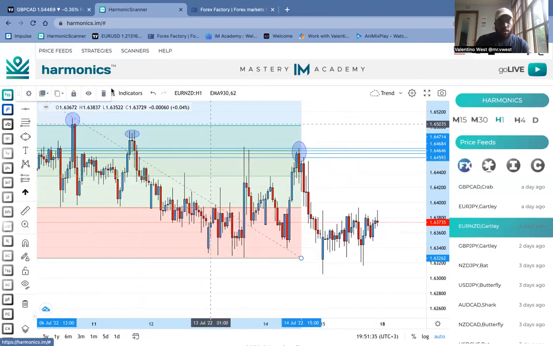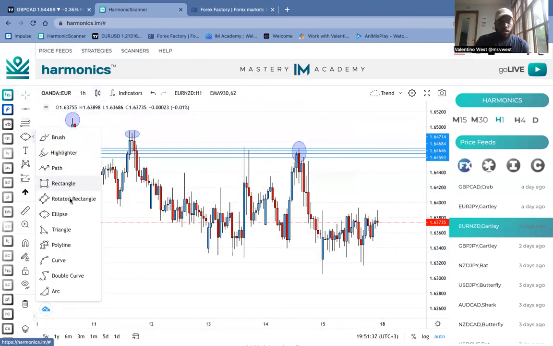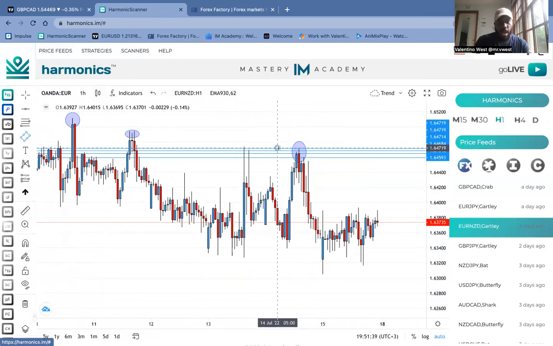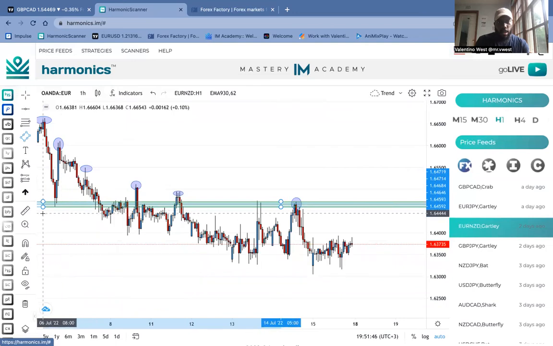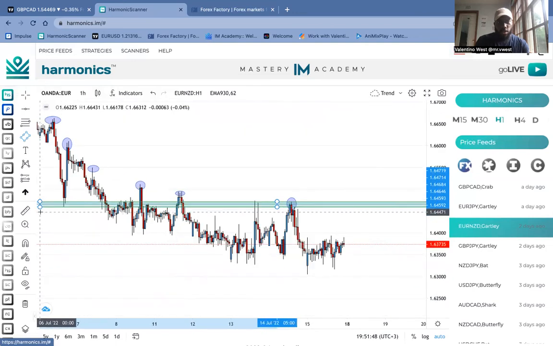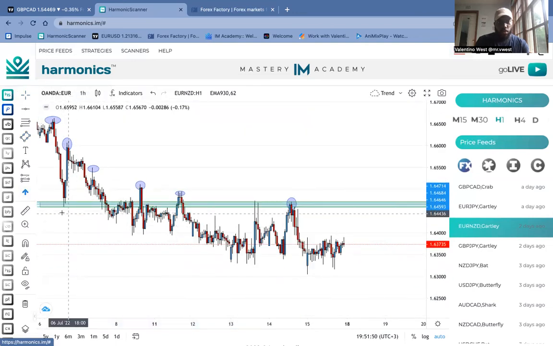So again, we have our zone. All I do is stretch this out. We have our zone, and you can already see the structure, but I'm going to point it out. Boom, we have structure there.